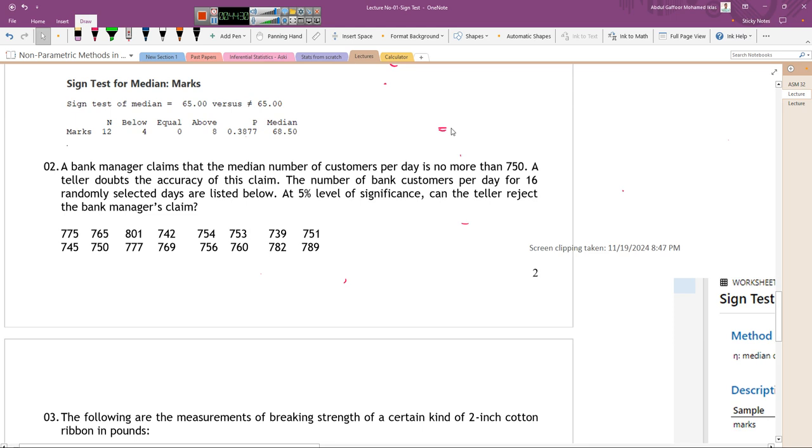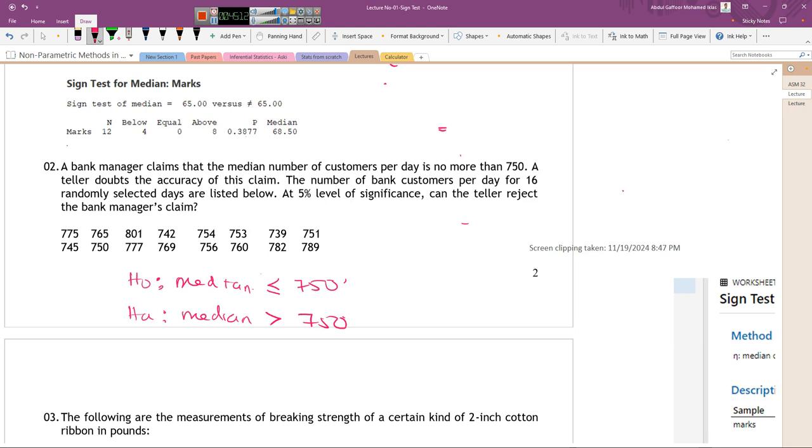So our second question says, a bank manager claims that the median number of customers per day is no more than 750. So here they are telling the claim, no more than 750 means median, right? So no more than means it may be 750 and less than that, right? So median is less than or equal to 750. So since we have equal sign here, this will be our H naught, and our alternative hypothesis will be median greater than 750, right?